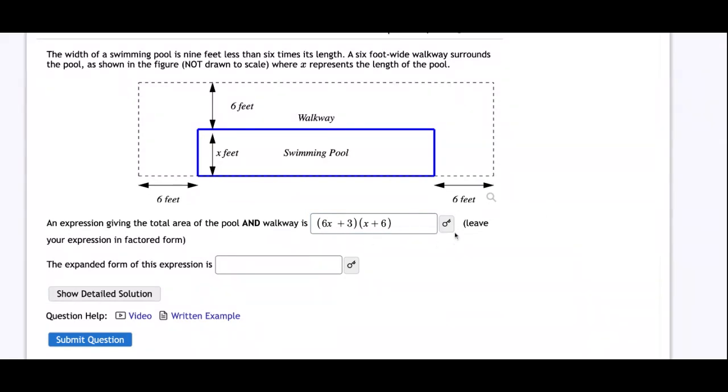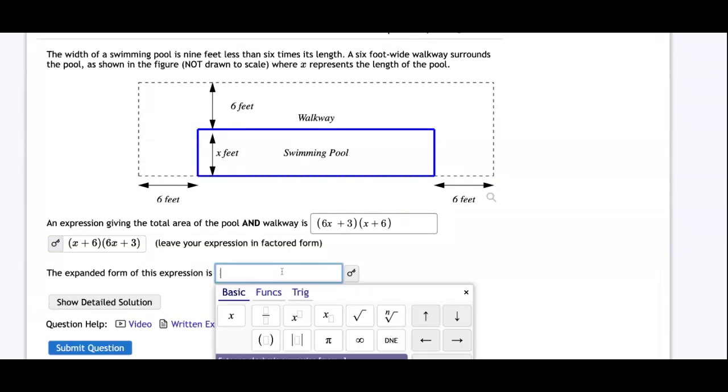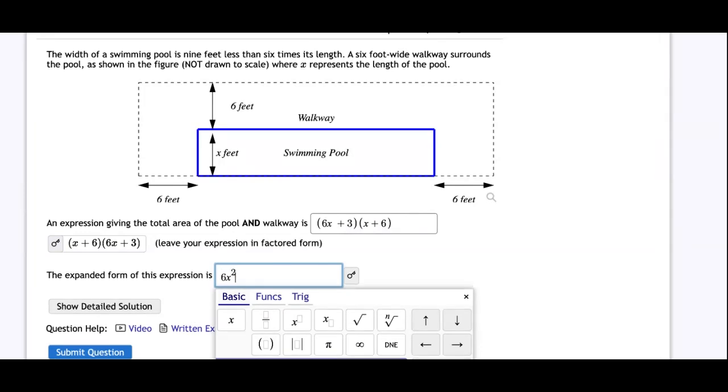6x plus 3 times x plus 6. Then the expansion of this, you just multiply, right? You multiply the first with the first, you get 6x squared. Then 6x with 6, that's 36, plus 36x. Then 3 times x, 3x.